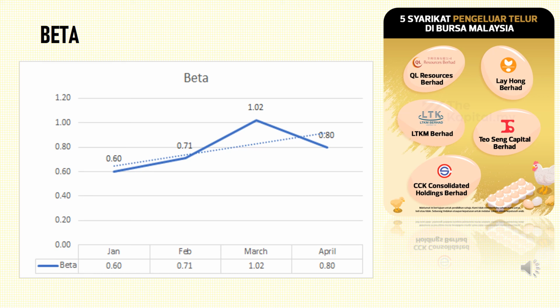A low beta stock indicates that the stock is low in responsiveness to the market. Since Tiosan Capital's beta is low, and a low beta stock poses less risk but also a lower return potential.